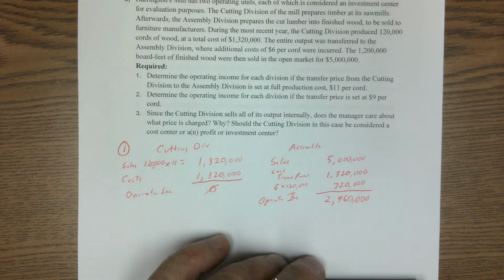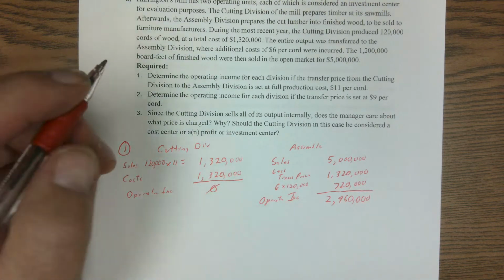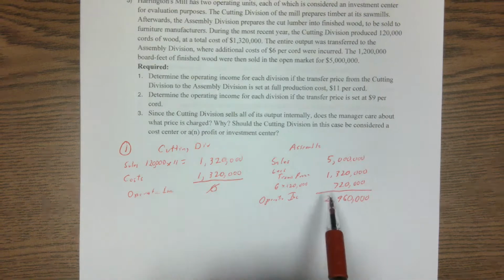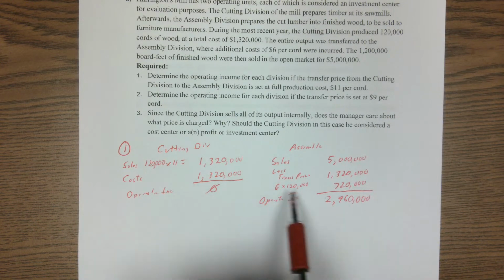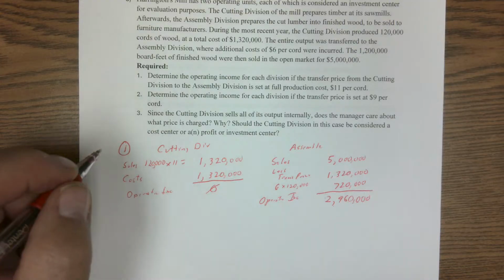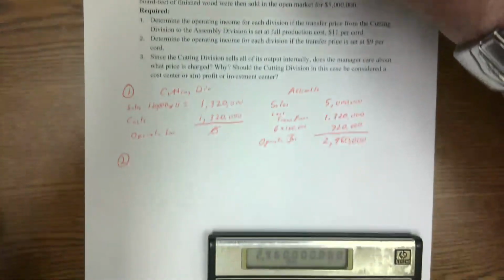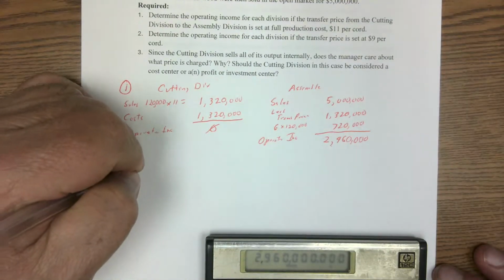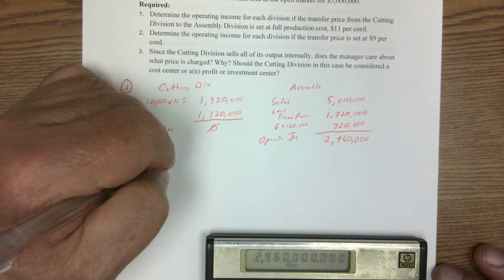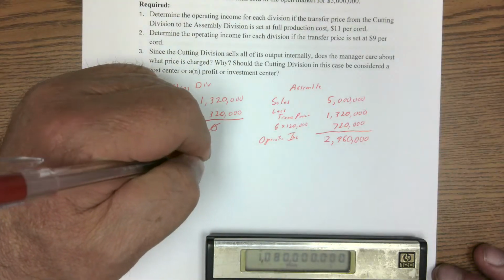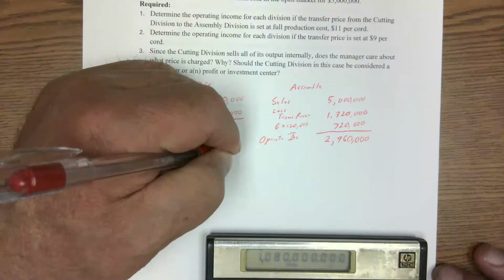Okay, so then they ask us, what if it were $9 per cord of wood? Anyway, one of the things before we move on, let me point out that if we add this together, the total profit for the whole company is 2,960,000. So in part two here, we're going to have 120,000 cords of wood times 9 is going to be 1,080,000.